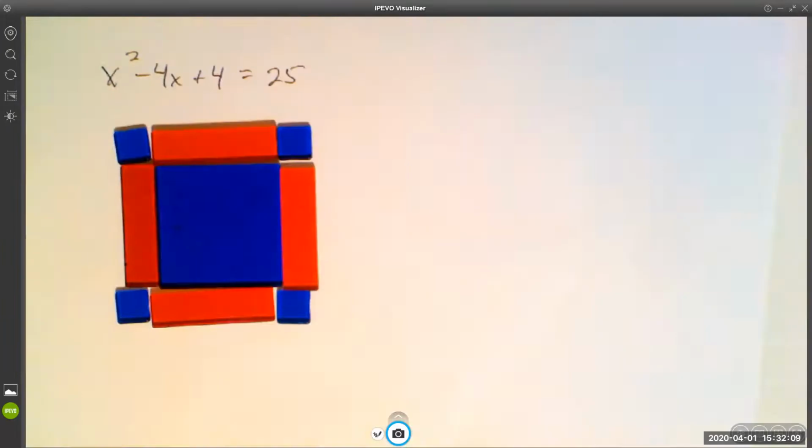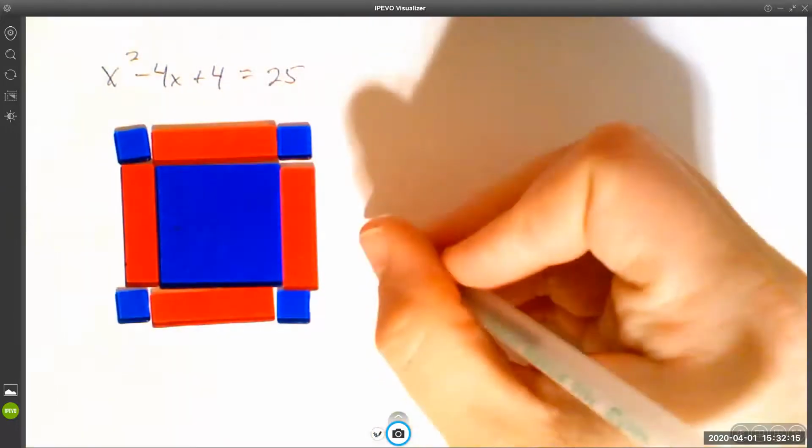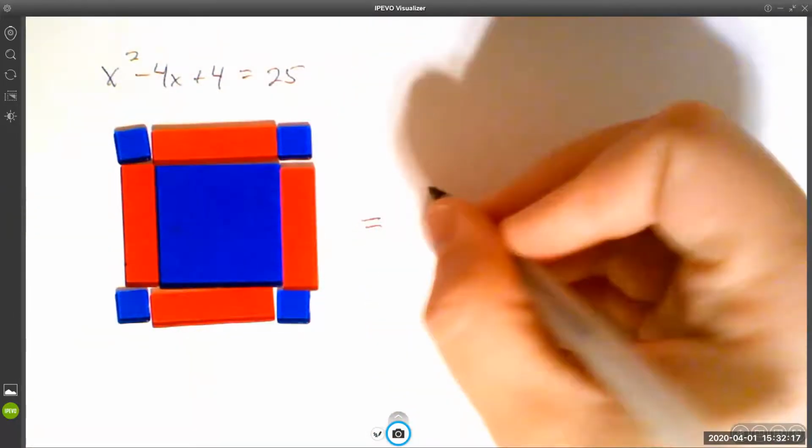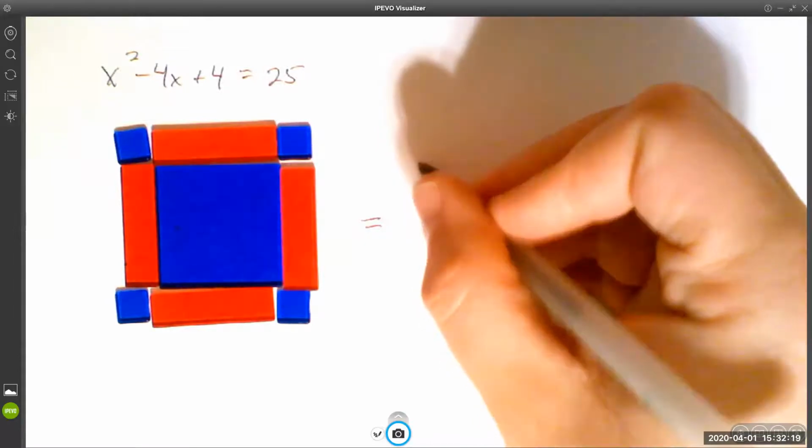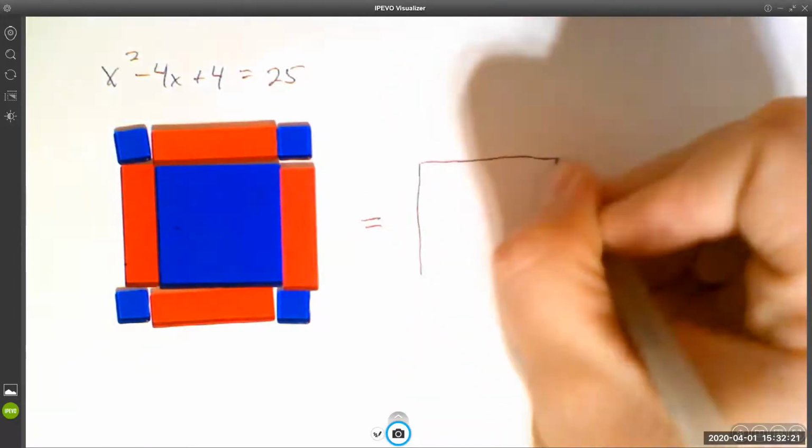Okay, and now you've got a square on the left-hand side. On the right-hand side, like I said, I'm just going to draw in 25 squares instead of having to count them out. I'm just going to draw 25 units.